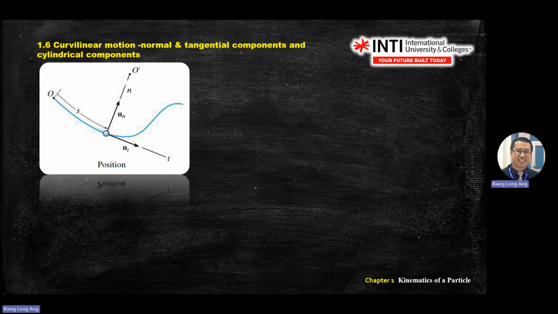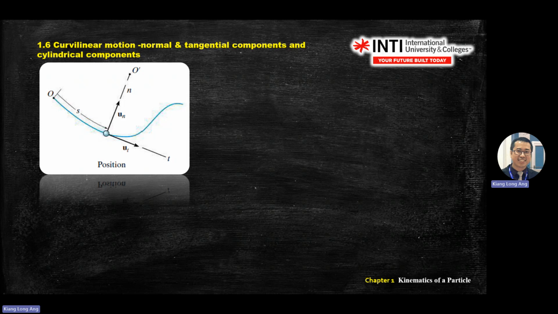So now you can break your velocity into a tangent direction and another axis called the normal direction. Normal always points to the center of the curve.